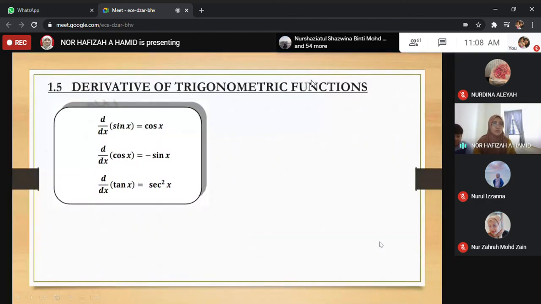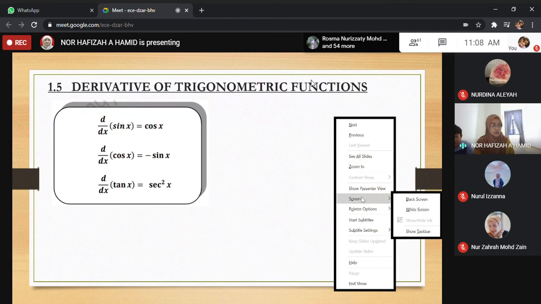Okay, so for 1.5, derivative of trigonometric function. For trigonometric function, we have basic, we have 3 formulas.